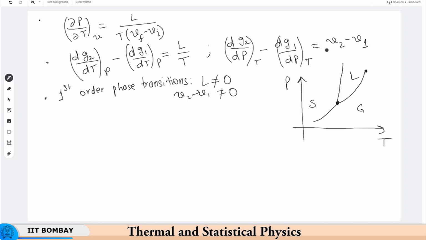This is the first order phase transition, and we can very readily see that since L is non-zero and V2 minus V1 is also non-zero, as you cross the phase boundary there is a finite jump. Therefore, the first derivative of the specific Gibbs potential G is discontinuous.